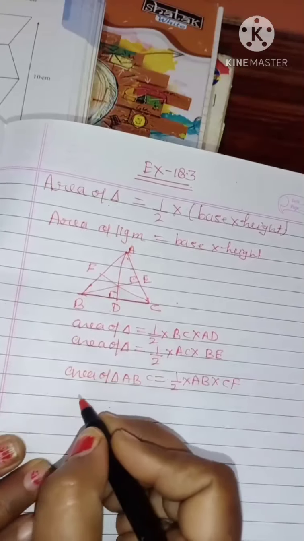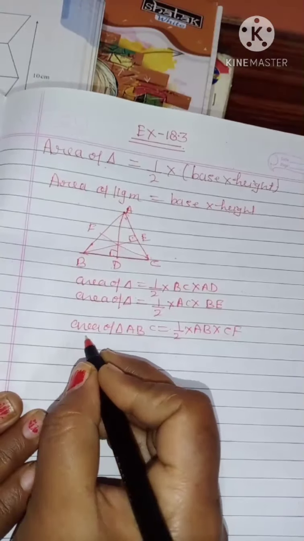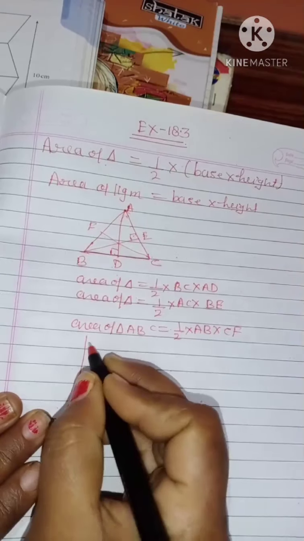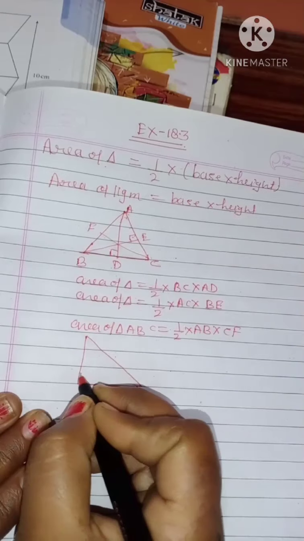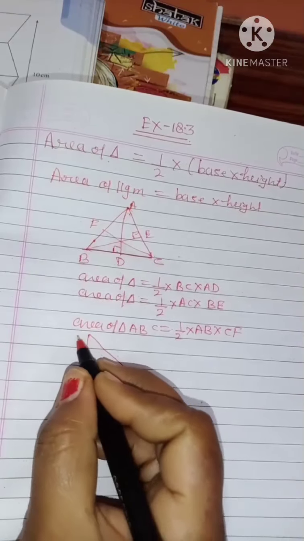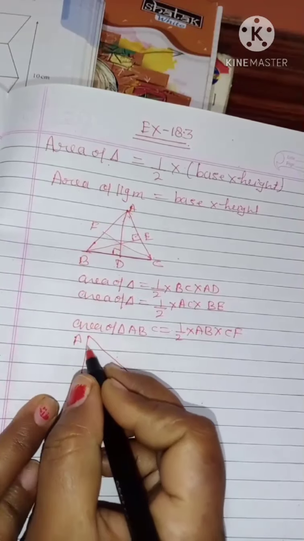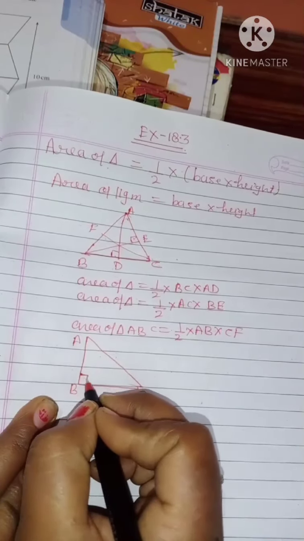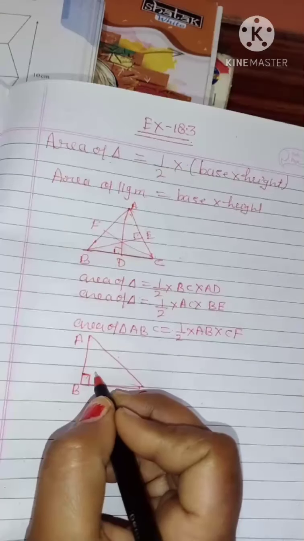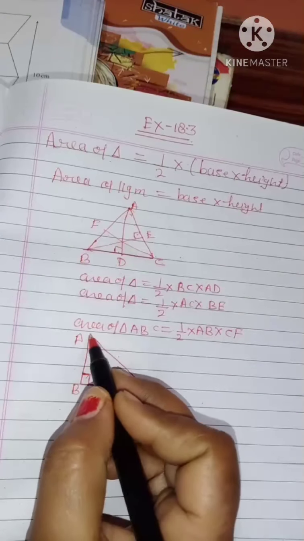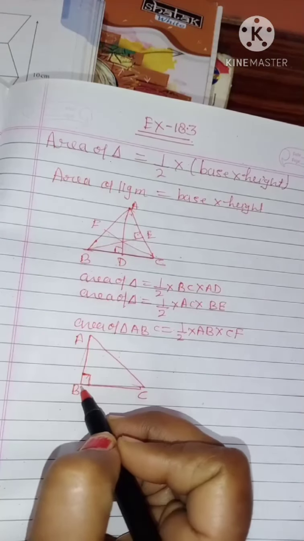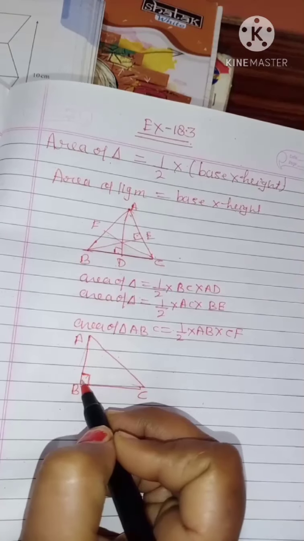If a right angle triangle is given, you know that in a right angle triangle one side makes an angle of 90 degrees. Suppose ABC is a right angle triangle. The perpendicular is the side making 90 degrees, and in a right angle triangle this side already makes 90 degrees, so it will be the height of the triangle.